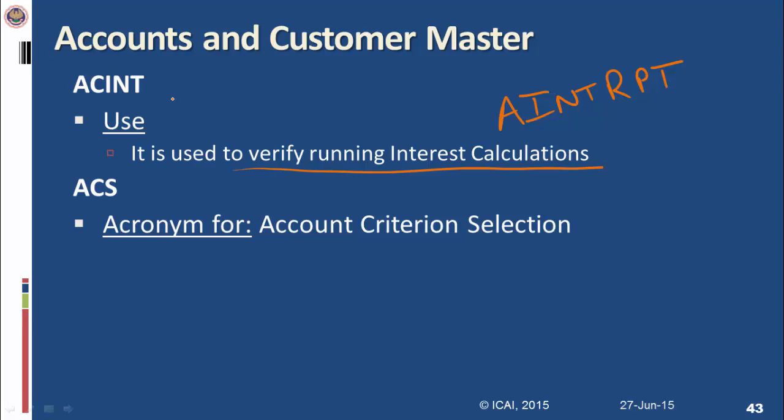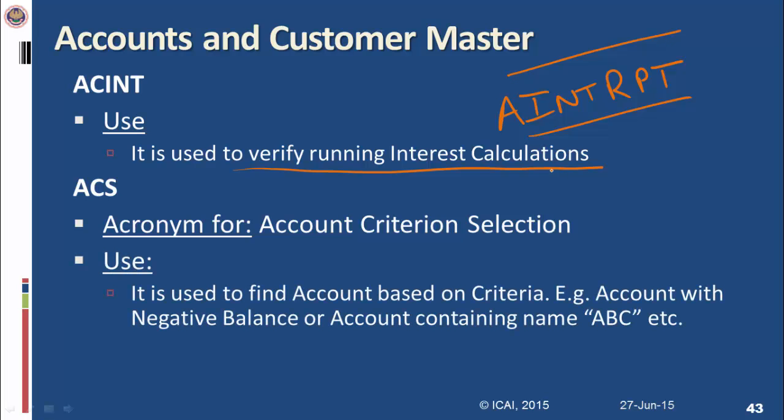However, it has a specific field asking whether you would like to post the transaction also. If it is marked yes, then even for checking purposes there may be an impact on the account, right? So I prefer that AINTRPT be used. It's a report type command, and we'll discuss it in a few slides afterwards.